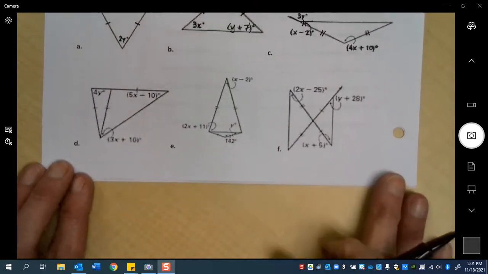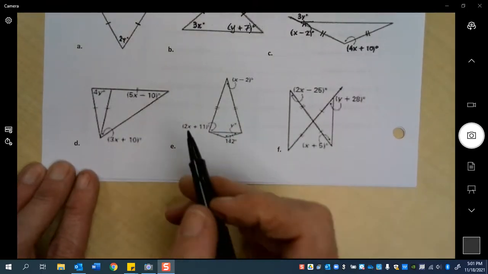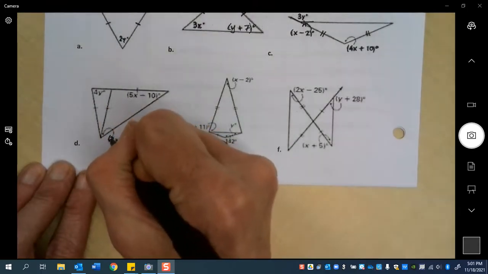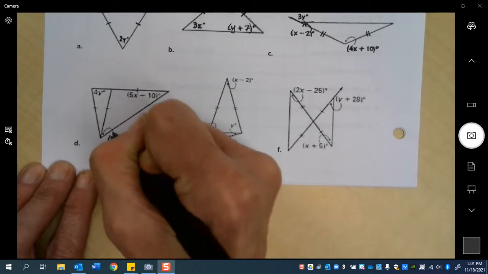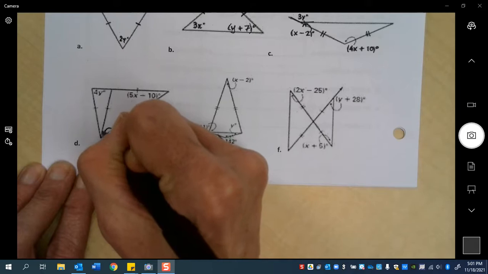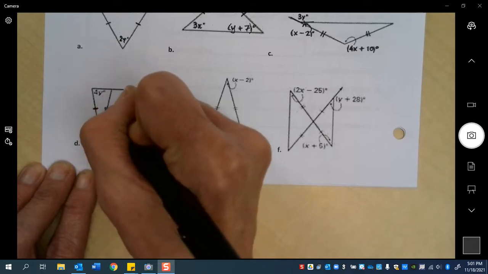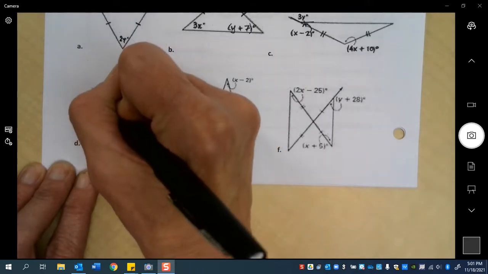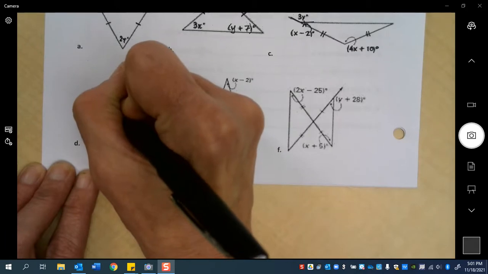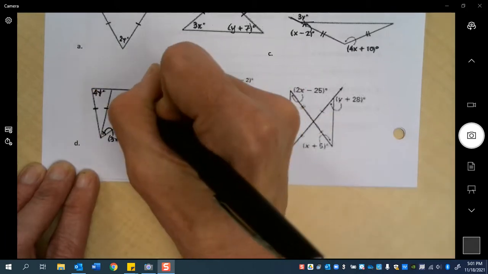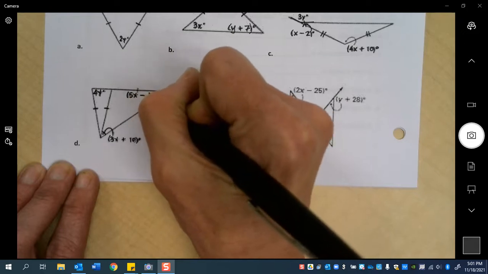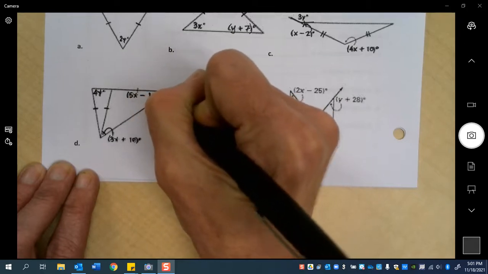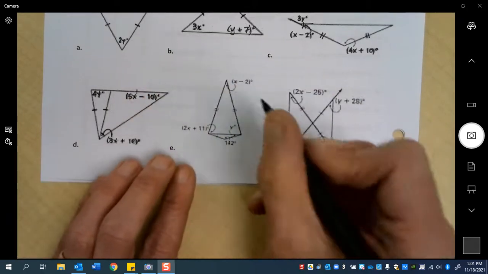When we come down to these figures, we have 3x plus 10 degrees for this small angle here. Here we have an isosceles triangle with a base angle of 4y, 5x minus 10.